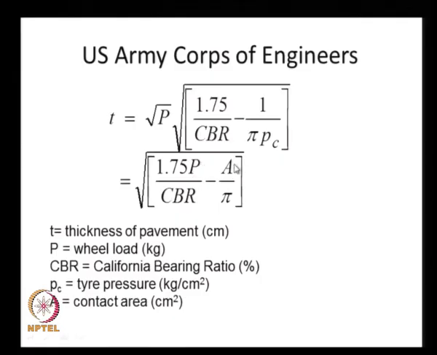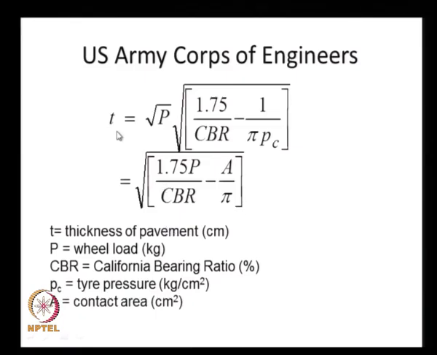wherein T is the thickness of pavements in centimeters and P is the wheel load in kgs, and CBR is the California bearing ratio in percentage, and the small Pc is the tire pressure in so many kgs per centimeter square, and capital A is the contact area, which is nothing but the wheel load divided by the tire pressure that we see here.